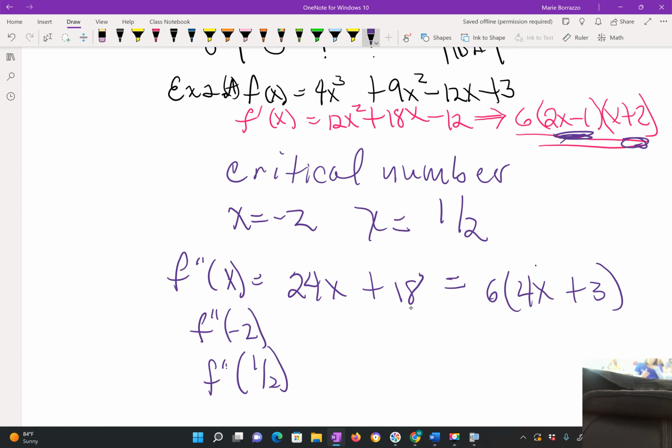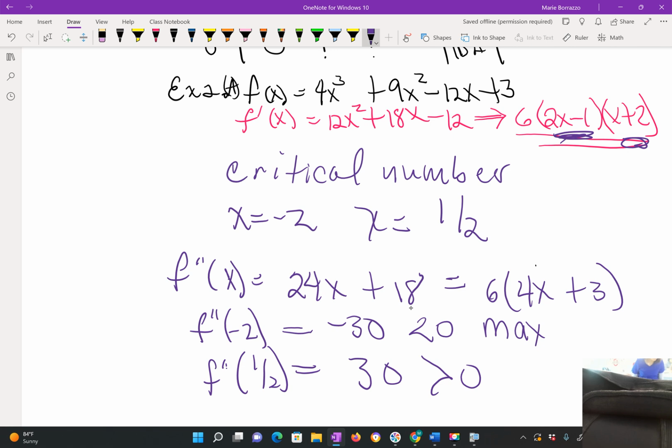And so in this case, notice that this results in negative 30 and this results in positive 30. This is a negative number, this is obviously a positive number. So we know in this case, based on the definition, this is a maximum. There's a maximum at negative 2, and I know that this minimum exists at positive 1/2. Okay, let that marinate for a minute.